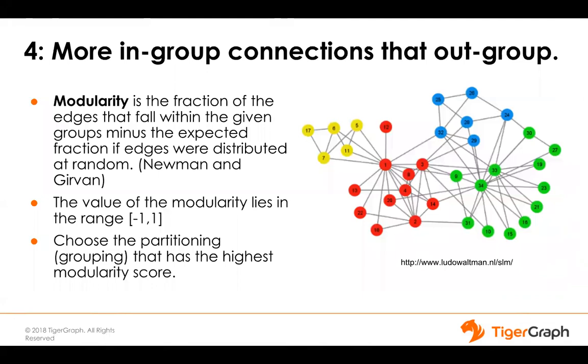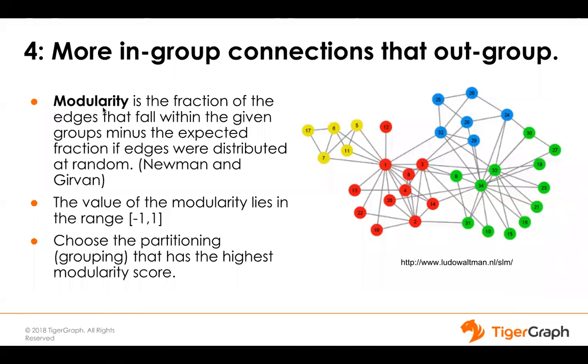So expected edges, let's say you have 1,000 vertices and 2,000 edges. So the expected number is 2. It's the average, right? 2,000 edges, 1,000 vertices. The typical vertex is going to have 2 connections. So that would be the answer here.